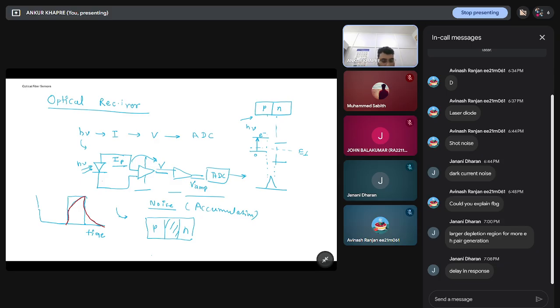Okay, delay in response, and why is it happening actually? Yeah, delay in response, okay, but why is it happening in a PN photodiode? So it's delaying.